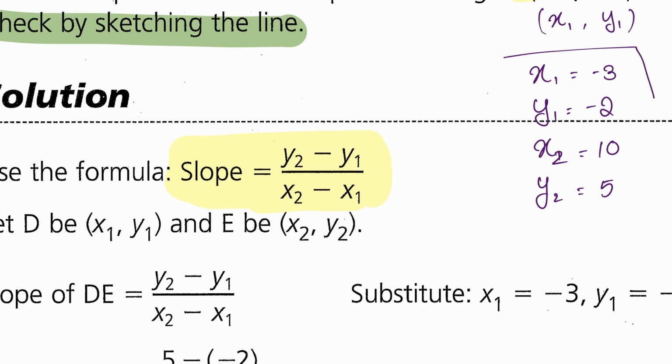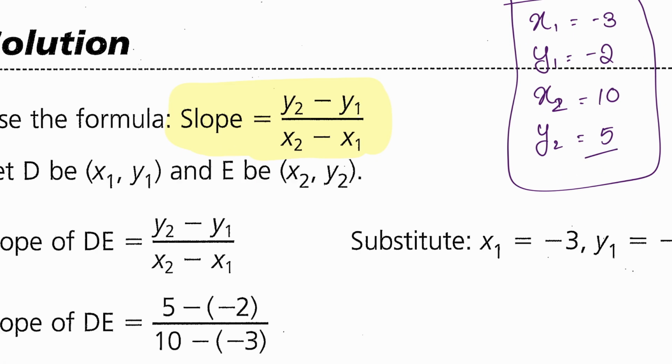See, we have all the values to substitute: x1, y1, x2, y2. So you have to substitute the respective values over here. y2 is 5, so instead of y2, substitute 5. Next is y1. What is y1? y1 is negative 2. See, we already have a negative sign here. You have to use the same negative sign.